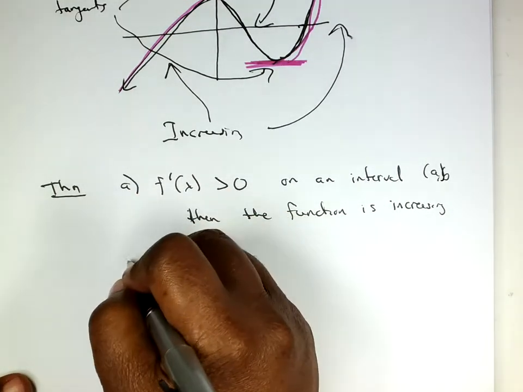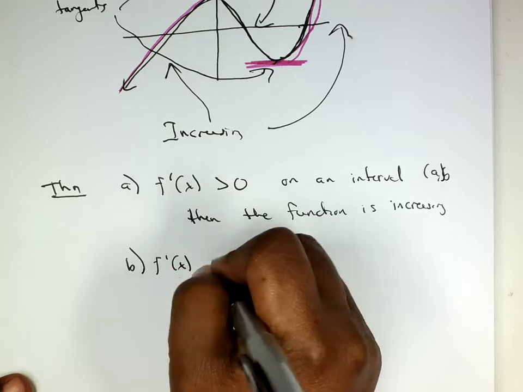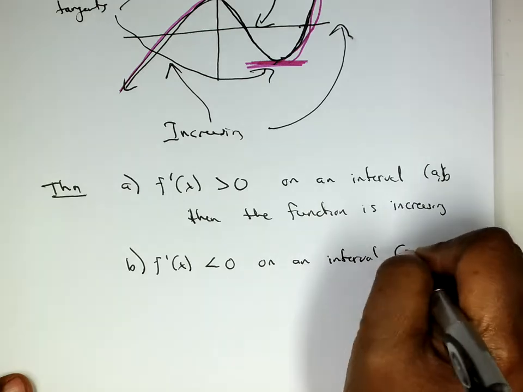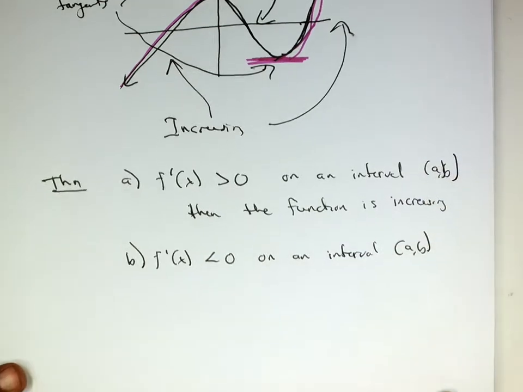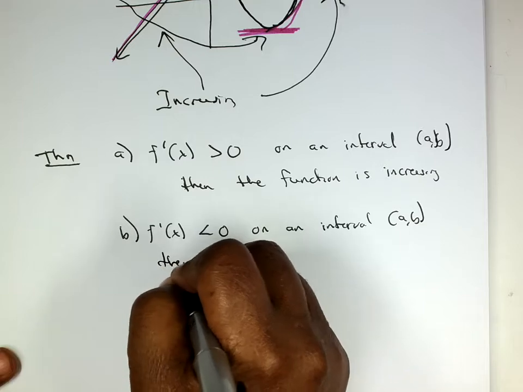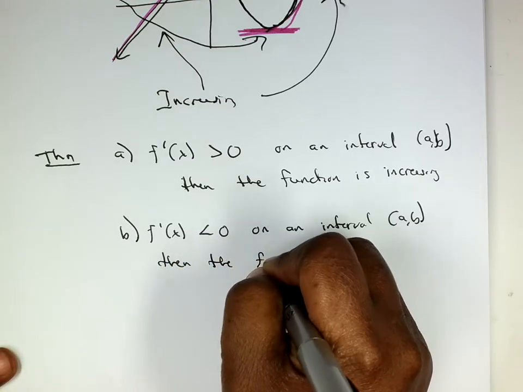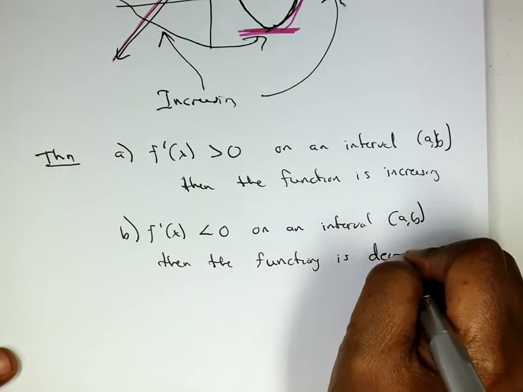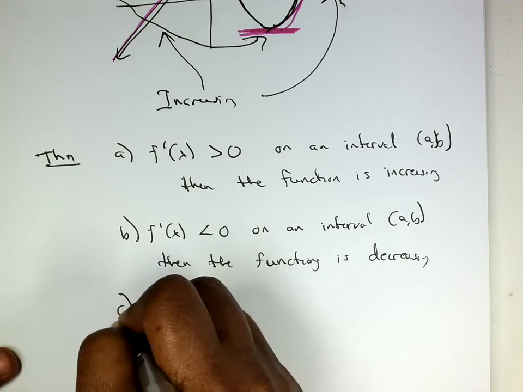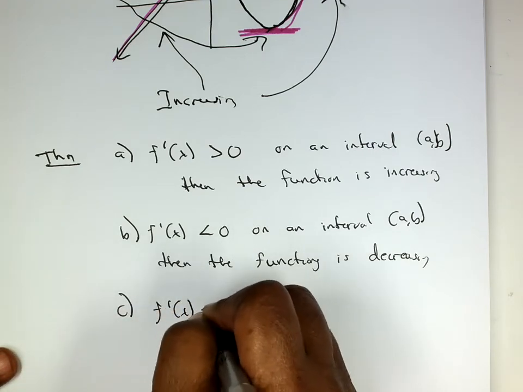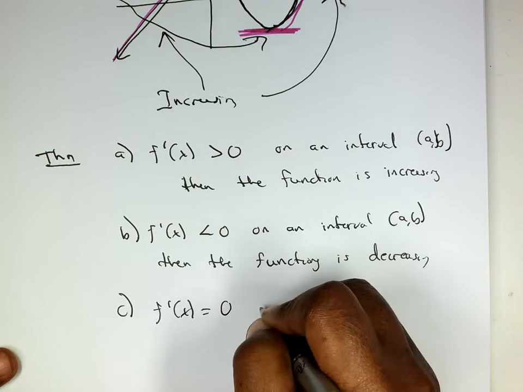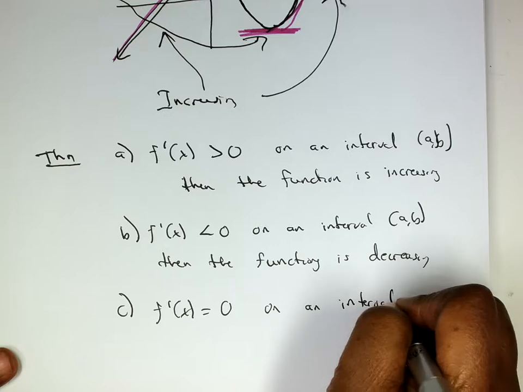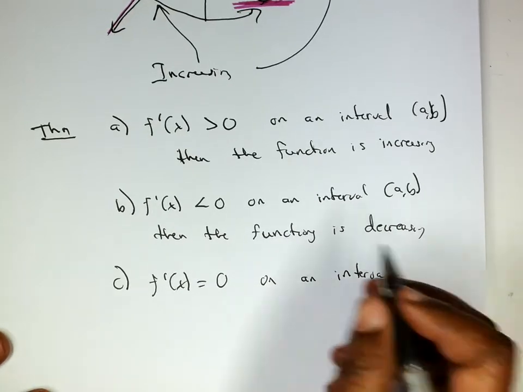If it's negative on the interval, then that tells me that the function is decreasing on that interval. And if it's just 0 on some interval, then that tells me it's constant.